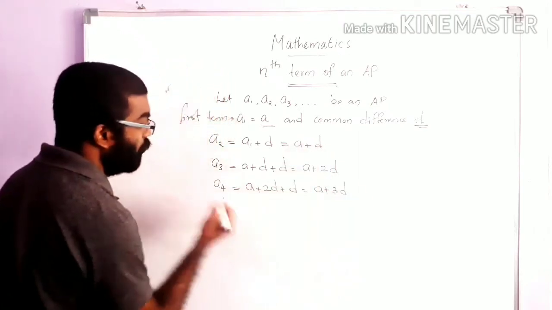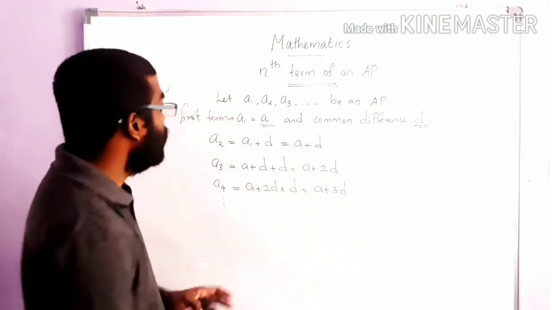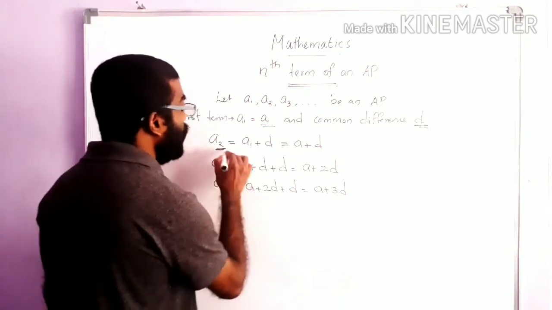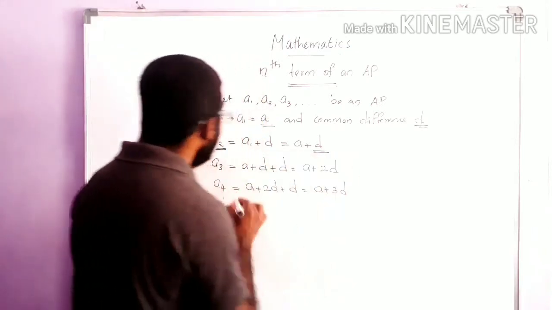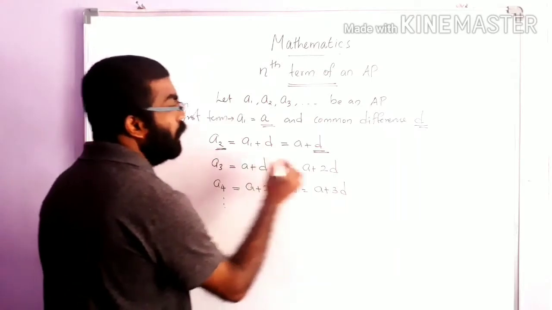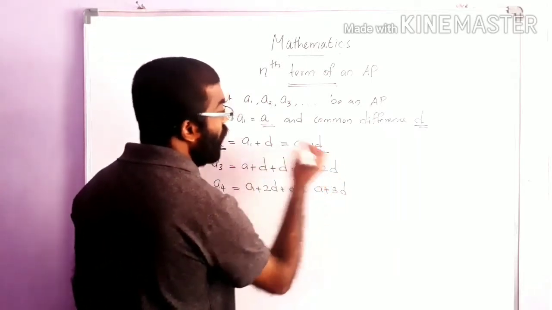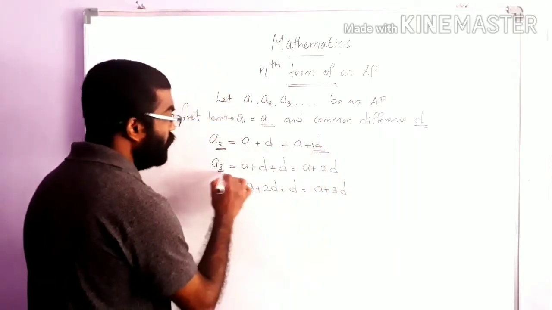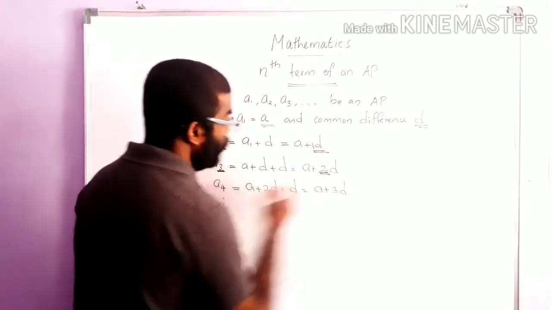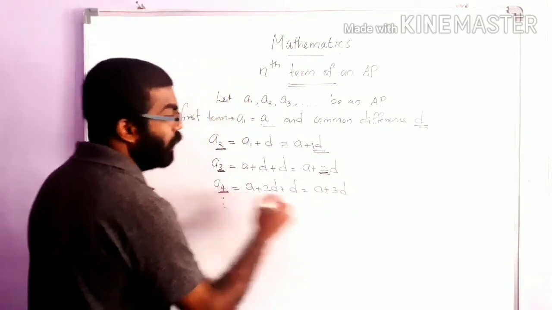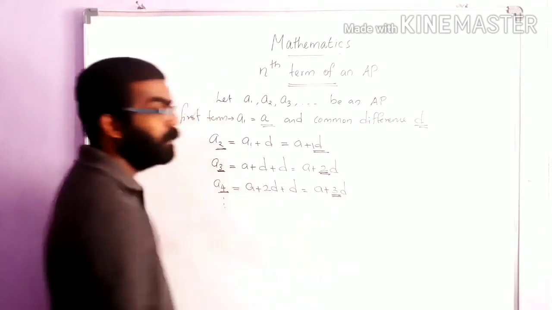Okay, and so on. Now look at this pattern. Is there any relation between the position and the coefficient of D? Here the position is 2 and the coefficient is what? 1. And position is 3, coefficient is 2. Position is 4, coefficient is what? 3.